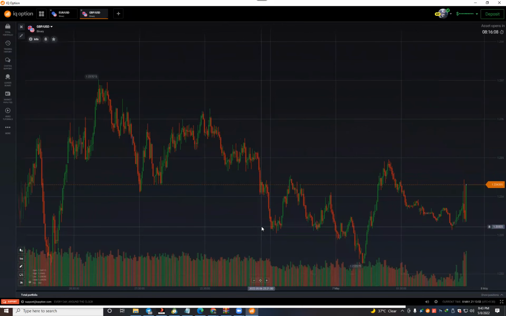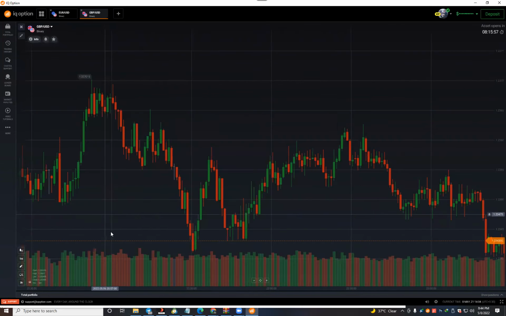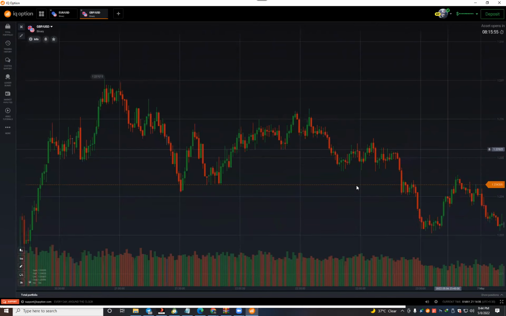Okay, so when I draw a Fibonacci level, sometimes it works, sometimes not. So I am confused. Which level are you trading in the Fibonacci? I think almost every level. Every level. Me too.